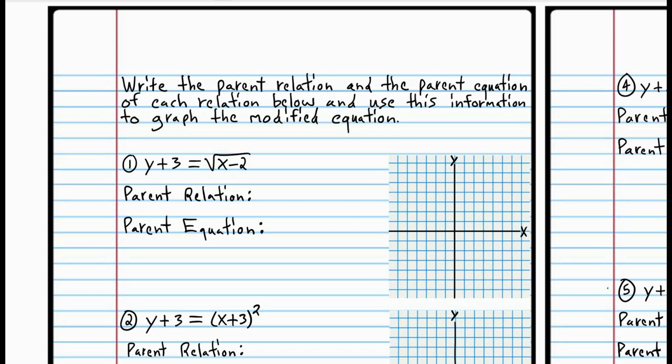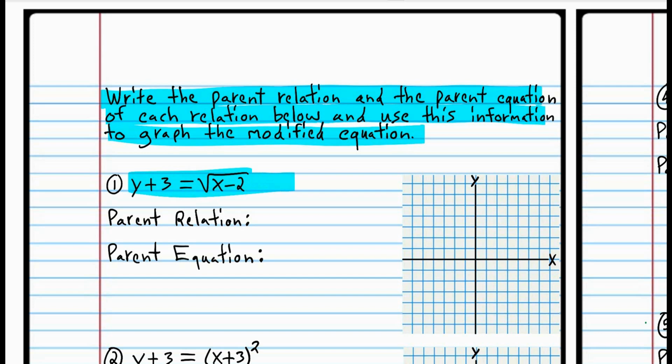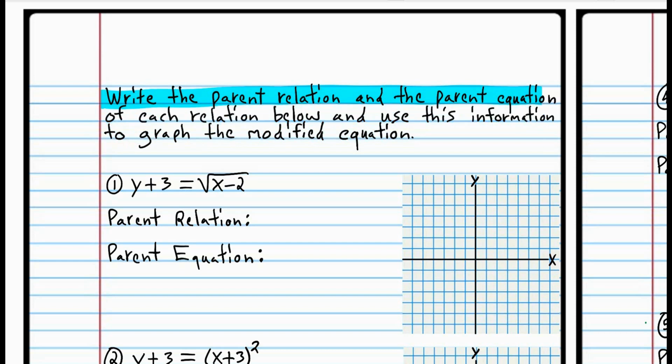So it says here, write the parent relation and the parent equation of each relation below and use this information to graph the modified equation. This is the modified equation here. So first we need to write the parent relation. And how do we know the parent relation?